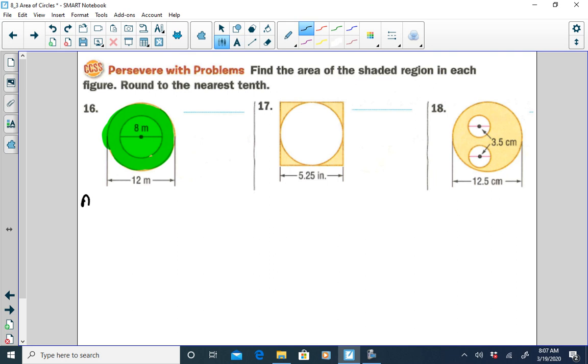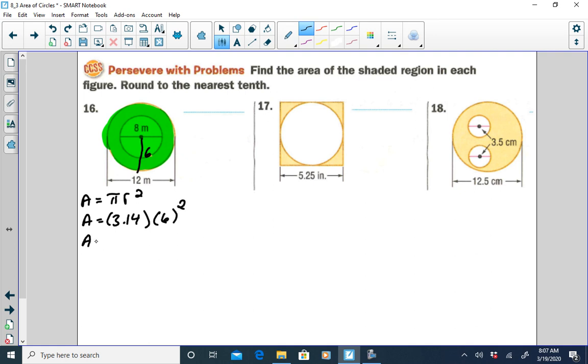The area is equal to pi times the radius squared, so 3.14. The radius of this entire circle is half of the diameter. I'm going to draw that so we can see it. That's the circle with a radius of 6, and we have to square that.